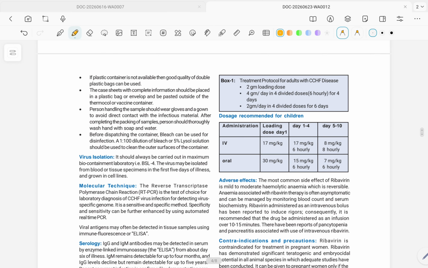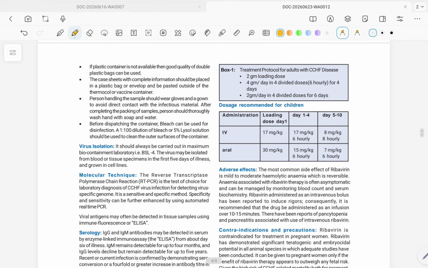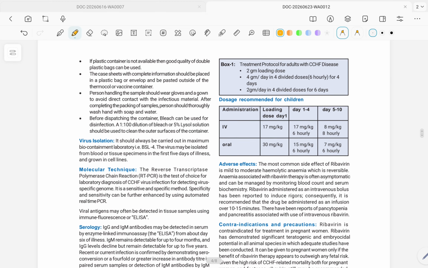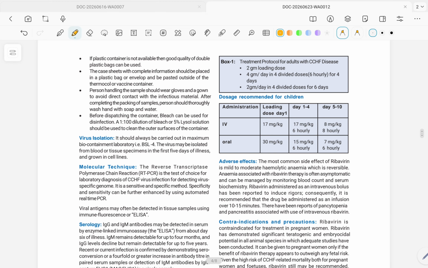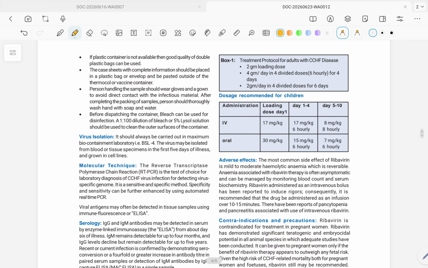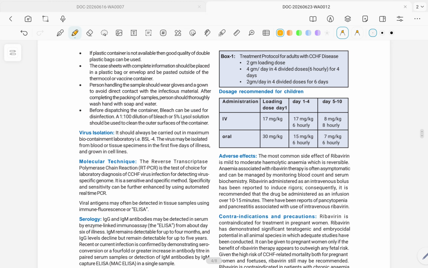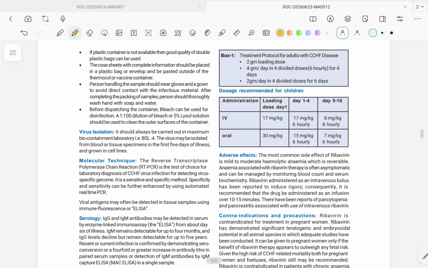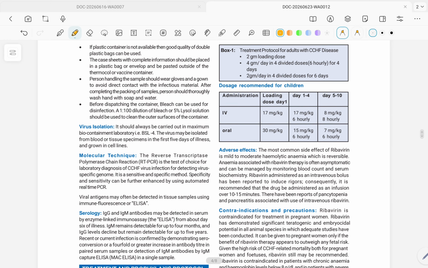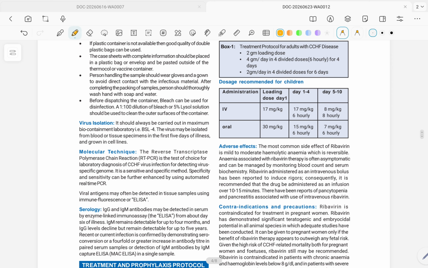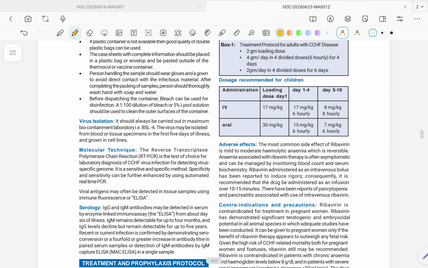If a plastic container is not available, then a good quality double plastic bag can be used. The case sheet containing the information should be placed in a plastic bag or envelope and be pasted outside of the thermocol or vaccine container. The person handling the sample should wear gloves and a gown to avoid direct contact with the infectious material.